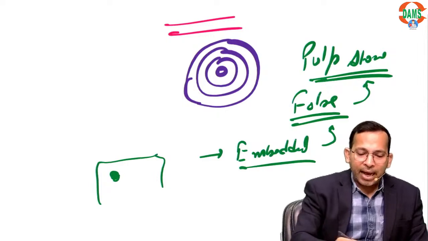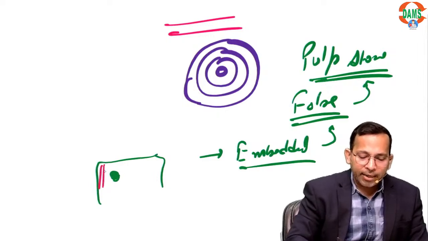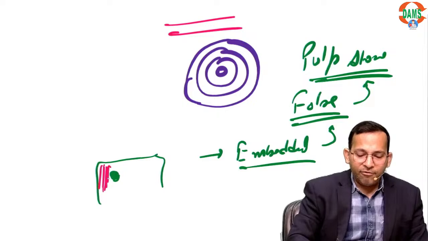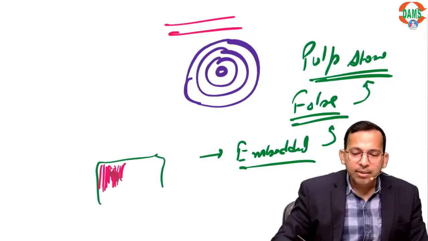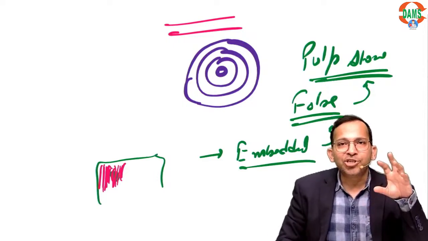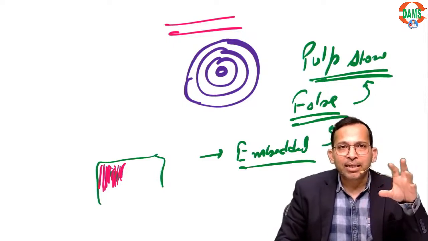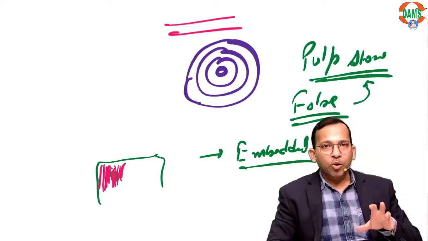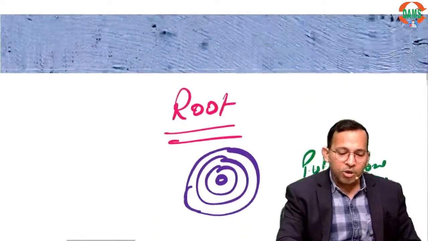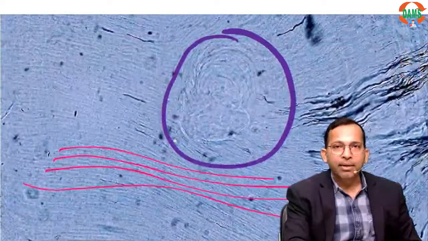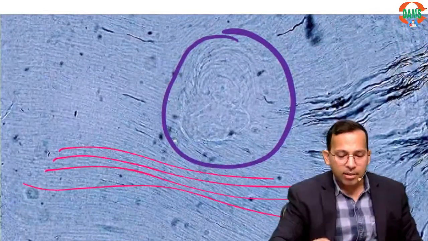But as the secondary dentine keeps on forming, they will first become attached, and later on they will become embedded. So the pulp stone is initially free, then it becomes attached, and then it becomes embedded. So here what we saw in this histological section is an embedded false pulp stone, right?